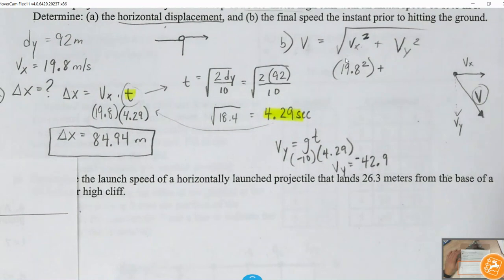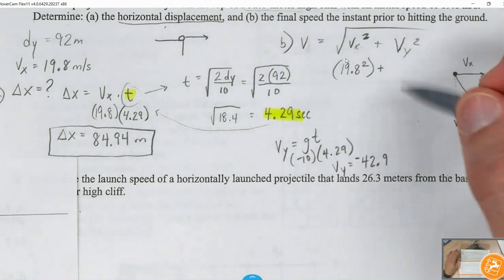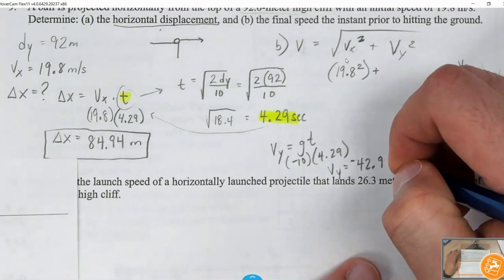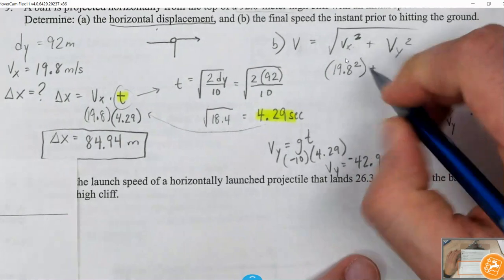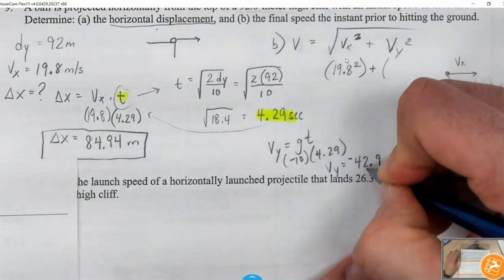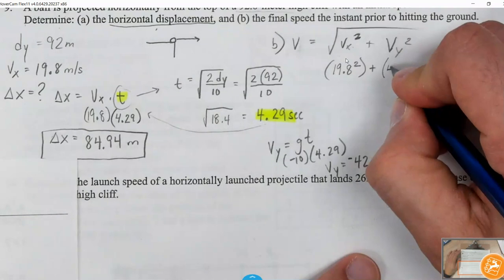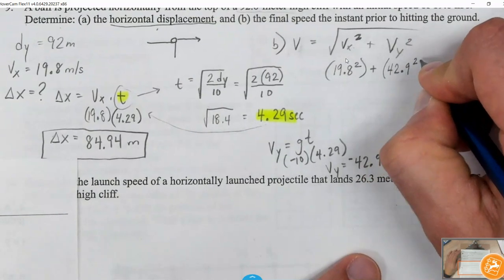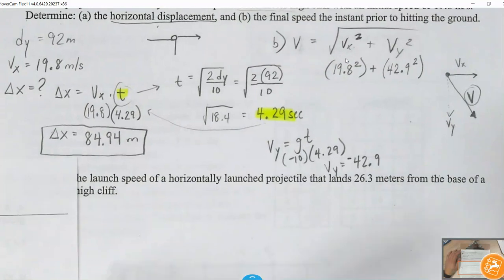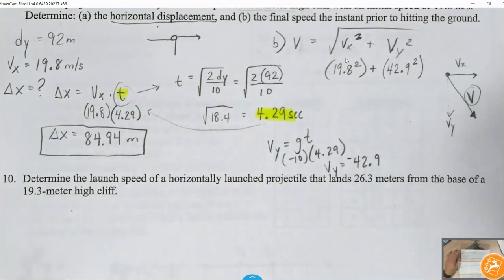The only other thing is, again, when we go to square root something, we don't want the negatives in there. So we're going to basically just say that our Vy, instead of being negative 42.9, is 42.9. And we got to square that.